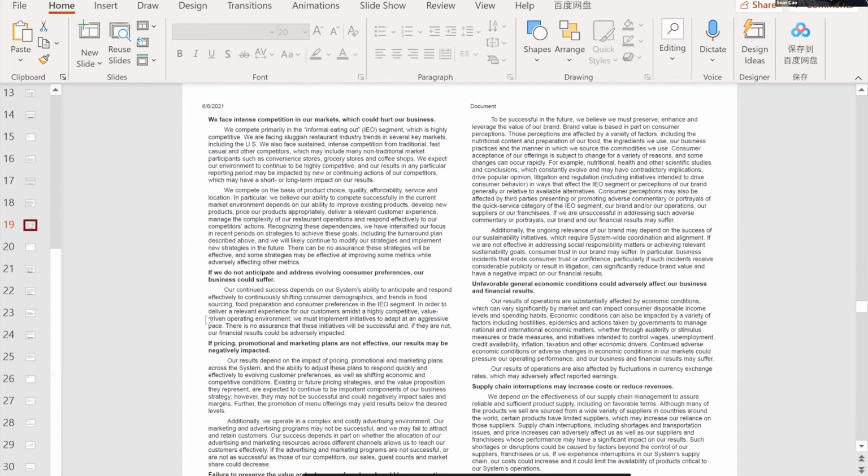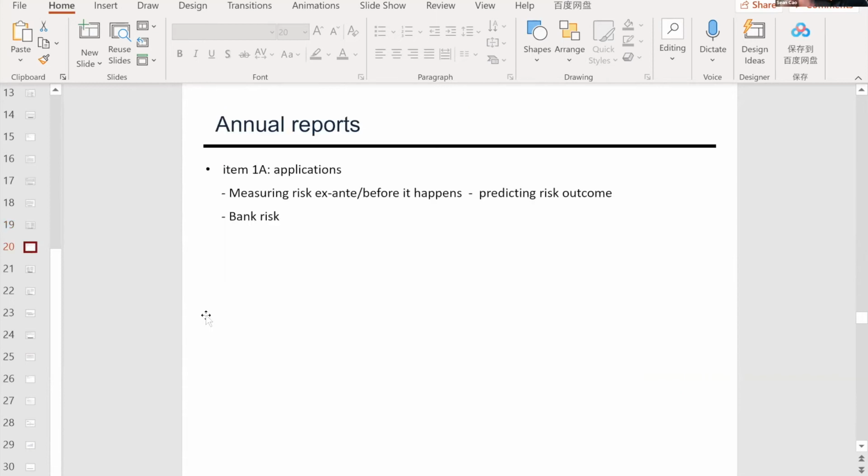So what can you do with this data? First, once you know the risk, can you predict the future outcome? If companies say they have supply chain risk, can you actually use that to predict the company is going to do something bad about supply chain? If the company says they have legal lawsuits, can you use that to predict the company has legal lawsuits?